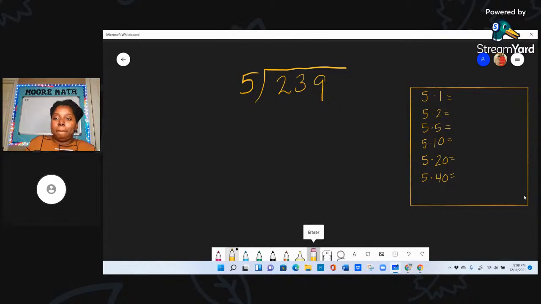If we put the partial on the side, that's fine. 25 right here. Five times 10. Subtract. This is 4. Okay, so that's the remainder. There you go. So now you've got to add them up somewhere.